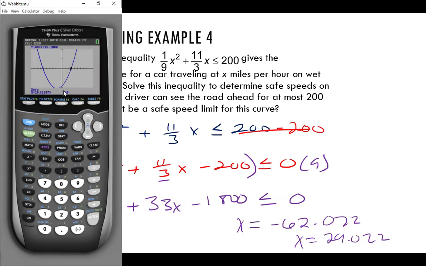That means that these values don't matter. It doesn't start mattering until I'm at 0. Does that make sense? So when I am at 0 and up to here is what matters. So from 0 to 29.022, that would be my answer. Not from the negative because that doesn't pertain to the real world problem.